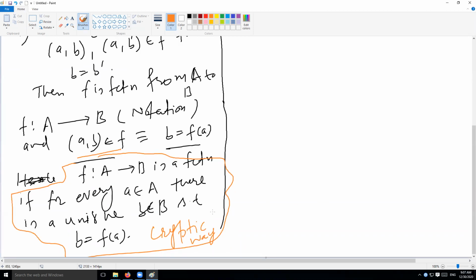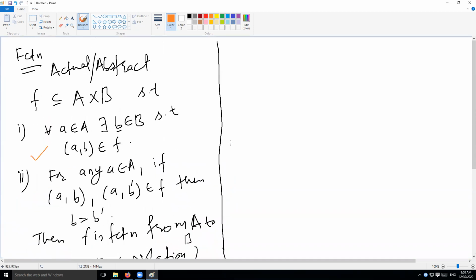A function is an association, a mapping, an assignment, such that it assigns every a to a unique b in B. Okay. So this was the definition of the function.